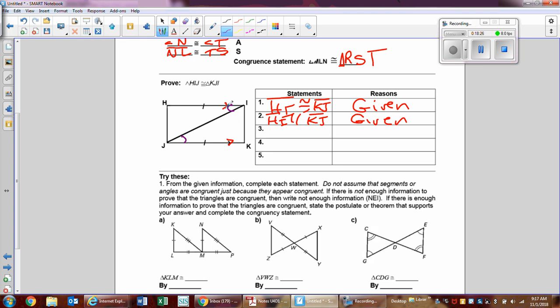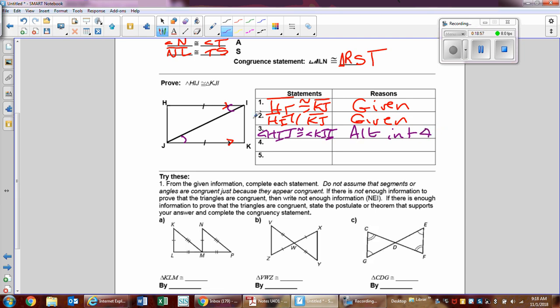So I can say that angle HIJ is congruent to angle KJI by, what type of angle are these two? Okay, some of you got it. Alternate interior angle theorem, right?